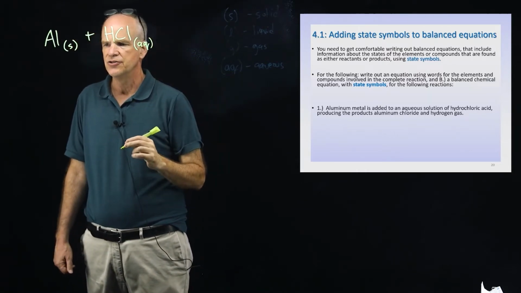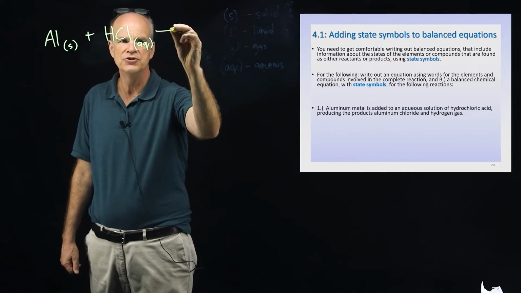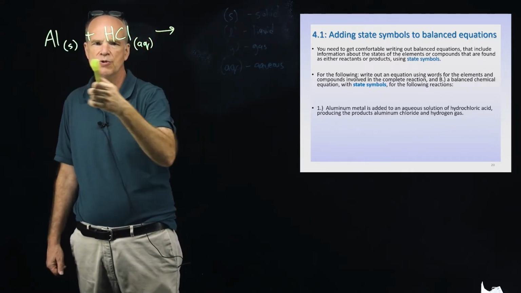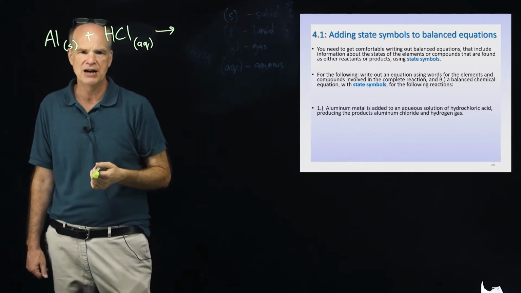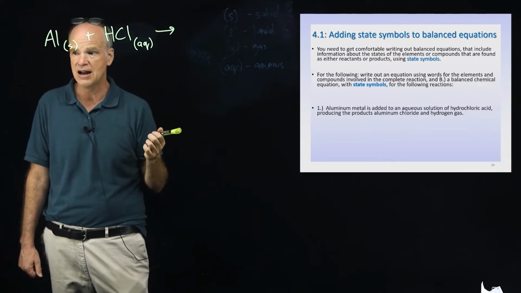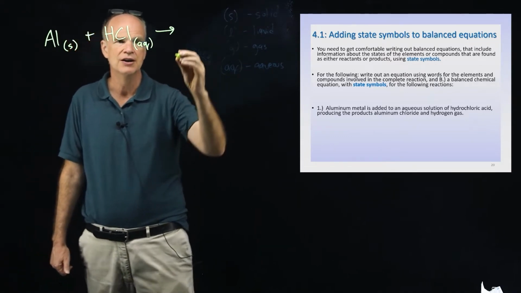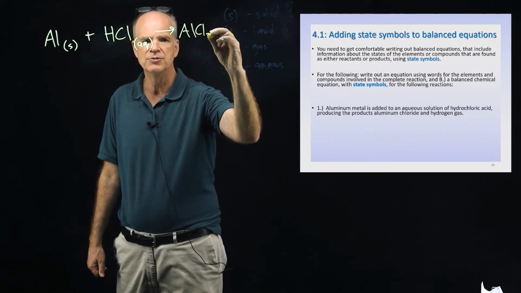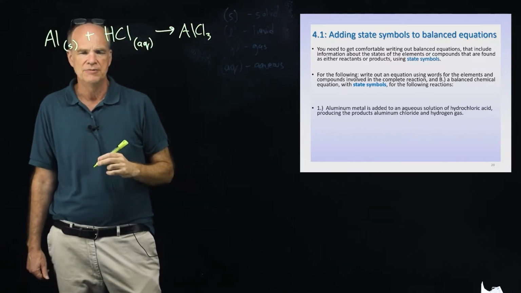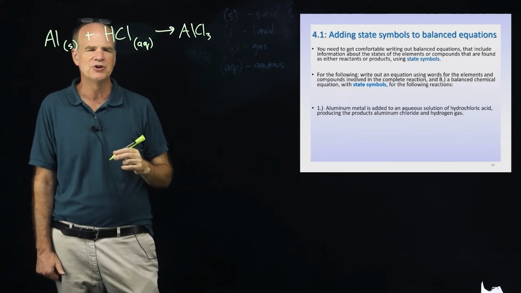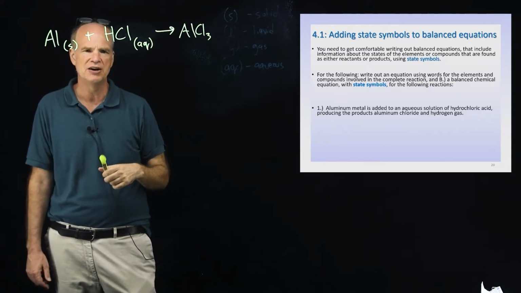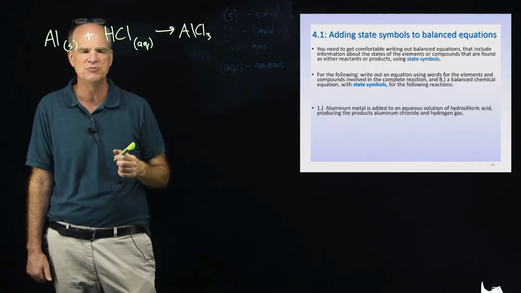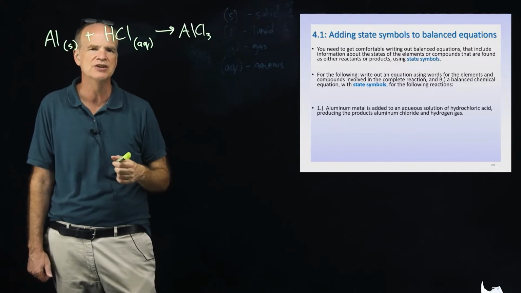So we have these two materials. One is an element, aluminum, one is a compound. And apparently they're going to form products. Let's see what those are. One product is aluminum chloride. Now, it may be difficult to understand from the question itself what state this is, so sometimes you have to use a little bit of imagination.